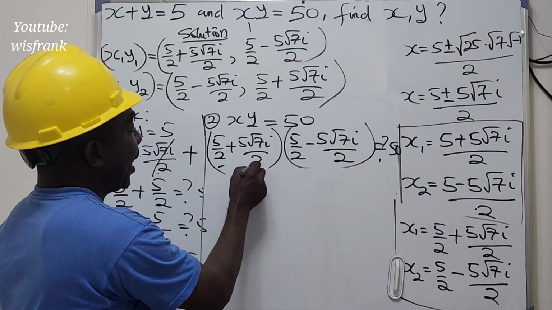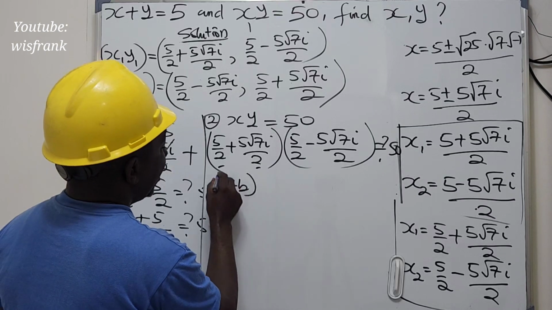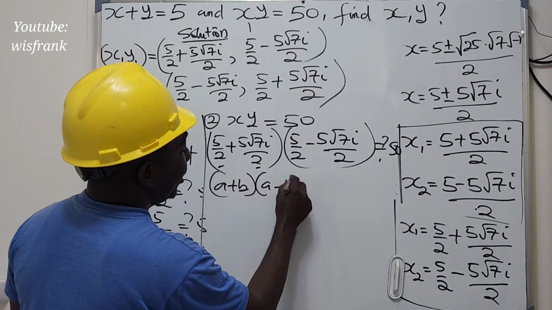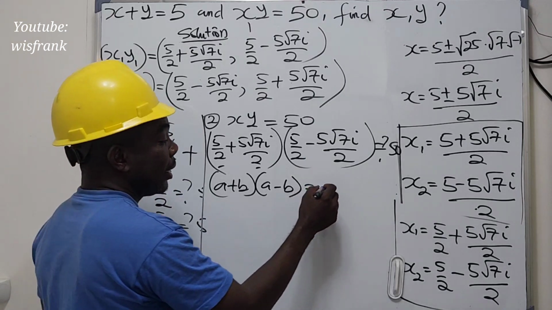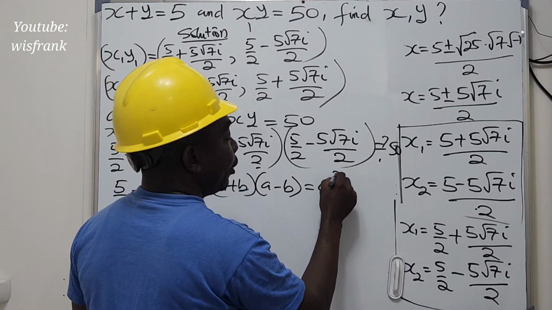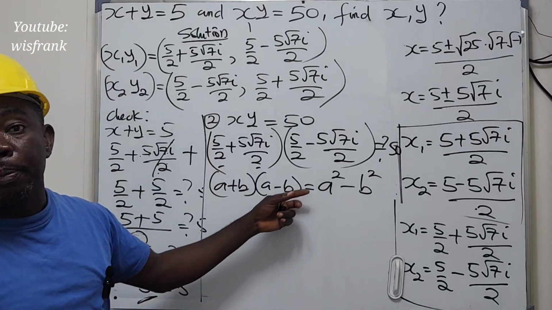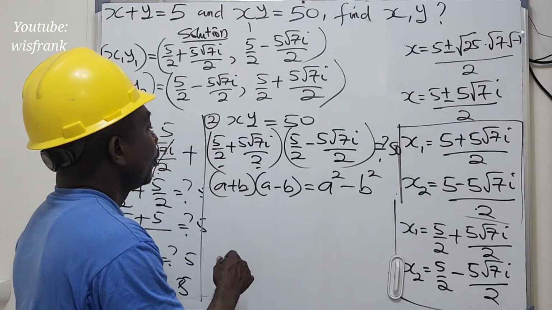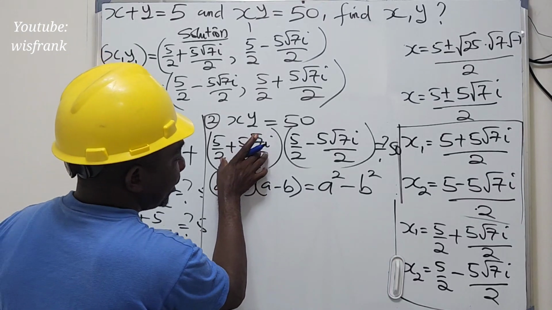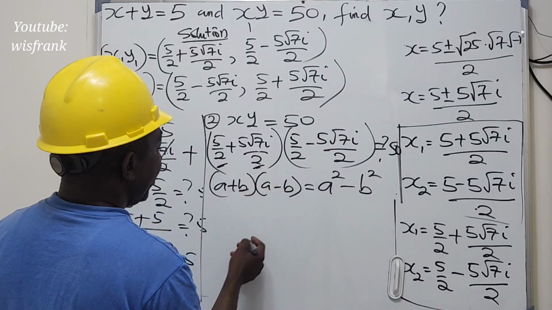If we take this a and b, we have it in the form of a plus b times a minus b. When we have a situation like this, it is a difference of two squares, which is a to the power of 2 minus b to the power of 2. So in this case, we are going to express this in this format. This is our a and this is our b, as we said.